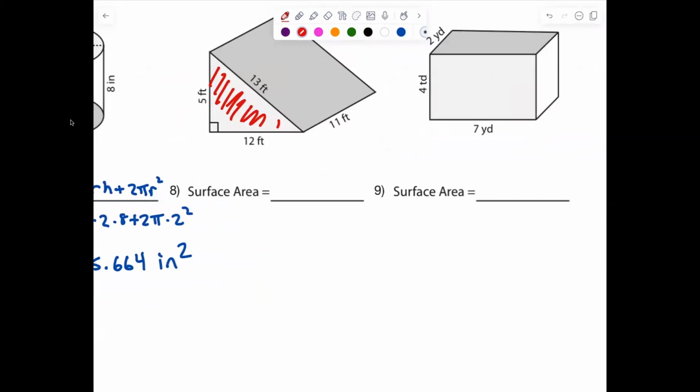All right, I'm going to put 2 times 1/2 BH plus LW plus LW plus LW. Why did I have to write out LW 3 times? There's 3 different rectangles. None of them are the same this time. Is everybody good with that?